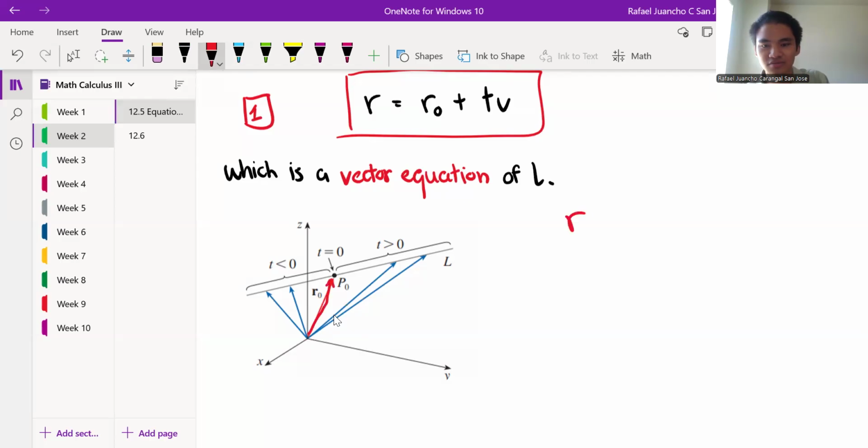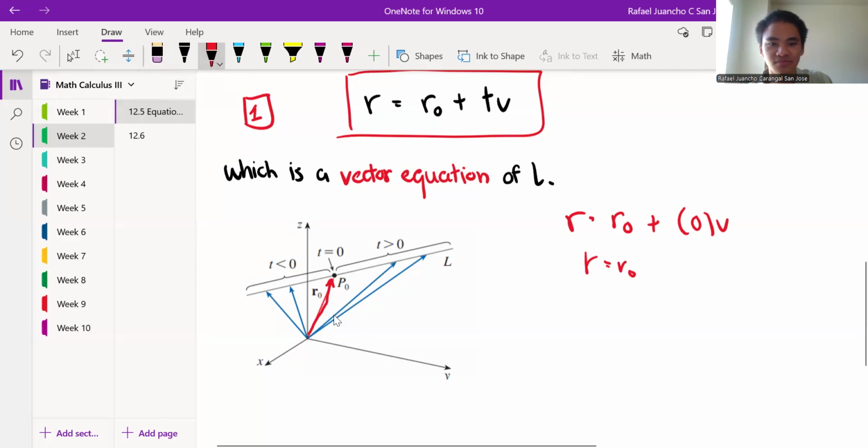Because r equals r naught, right? Let's say we plug a 0 for t. So we get r equals r naught. So we get this thing there. That's why here it's t equals 0. If you plug in something greater, then we're going to get these points here. If you plug in something less, then we're going to get something here.